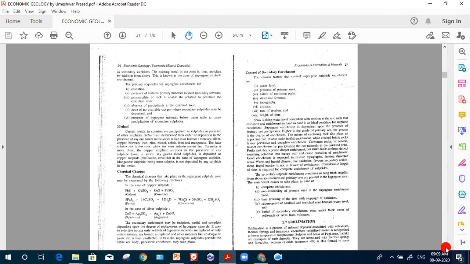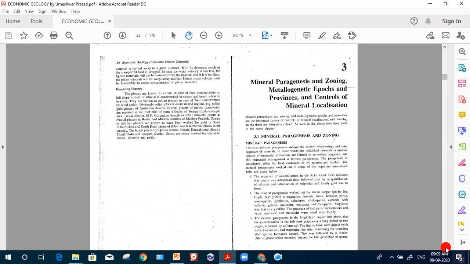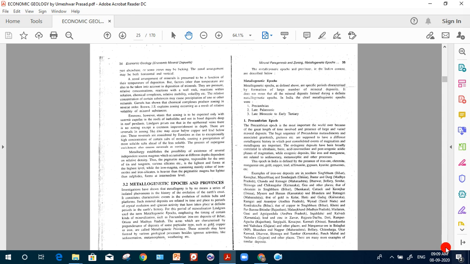So these are shown in a very simple manner here, and in unit 3 you can see how the metallogenic epochs are defined. There are chiefly 3 metallogenic epochs: the Precambrian, the late Paleozoic, the late Mesozoic. So we will study this in unit 3.